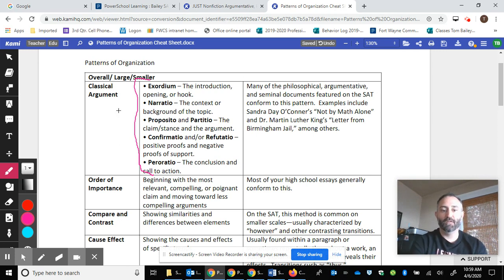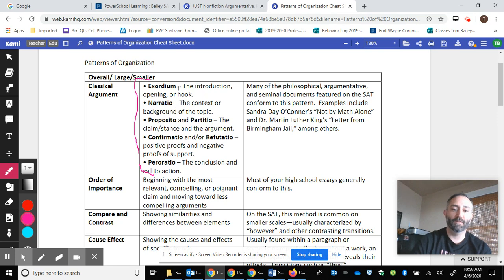Nonetheless, the first part of it is known as the Exordium, which is the introduction, opening, or hook. A good example of this is actually in Dr. King's letter from Birmingham jail when he introduces himself to his fellow clergymen and basically explains why he's done what he's done, specifically why he has time to write a letter, and why he's answering their criticism.